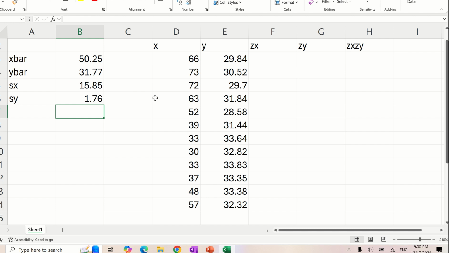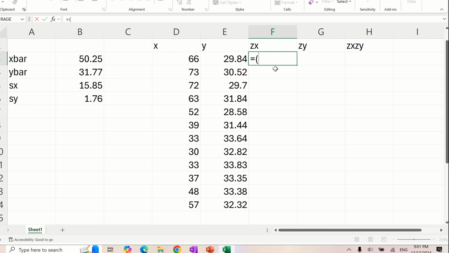Okay. All right, so now to get this row, to calculate ZX, remember, you have to do X, which is 66, minus X bar, which is 50.25, divided by SX, which is 15.85, okay?